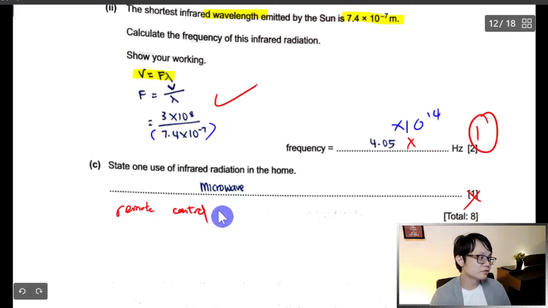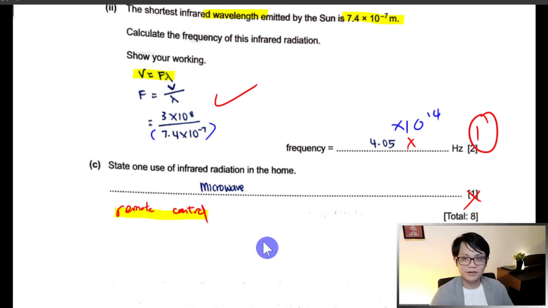Step 1, use of infrared. One of the uses of infrared, the most common thing, is the remote control that is always in our house nowadays, because we call it an infrared remote control. Sometimes when I want to go to a shop and buy a remote, I want to buy an infrared remote.